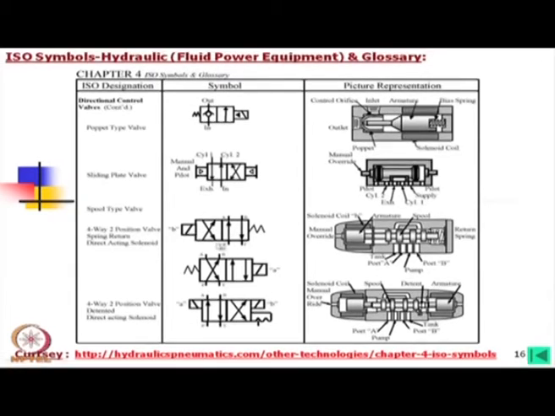The normal position is maintained by this spring, and the other position is maintained by this one. In that way we can study the valve, looking at a component and the exact symbols.